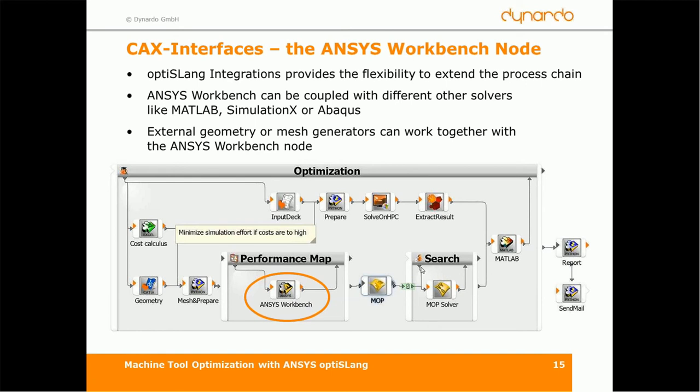We may also go a step further away from the standard workflows of sensitivity analysis, optimization, and robustness, so that we may analyze a nested loop like a performance map or a coupled robust design optimization and so on. Then we can build up a much more complex so-called solver chain where we put together different parts of our analysis, maybe multi-physics analysis or whatever, together with one or more Workbench models, and then we can execute that in the standalone version in the user interface of optiSLang.